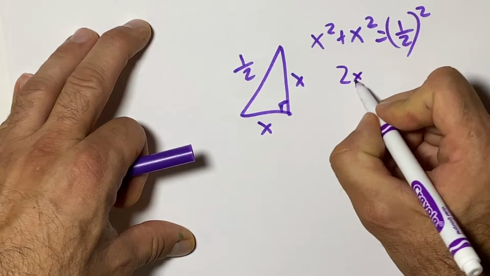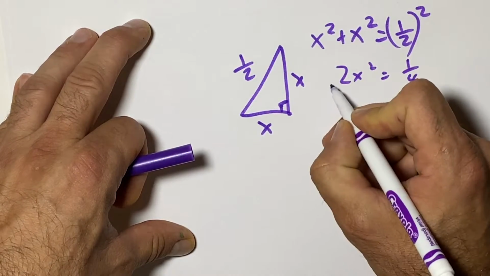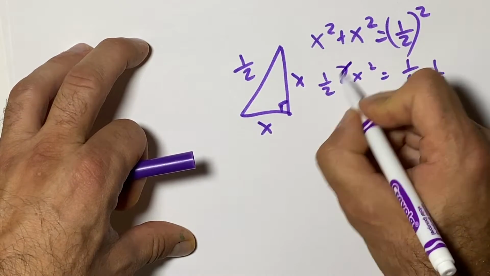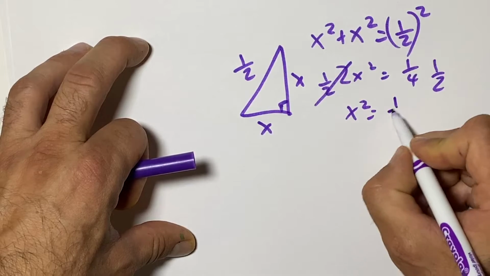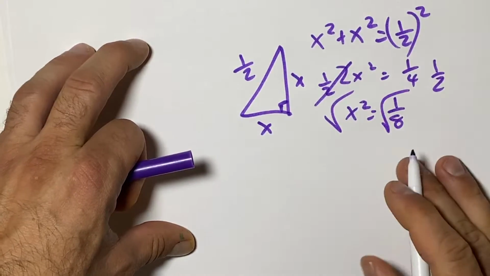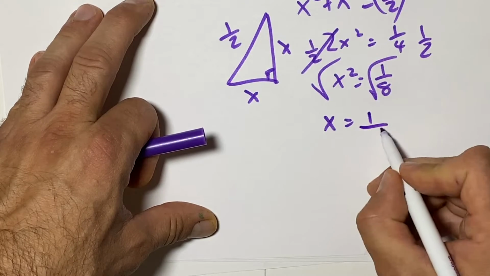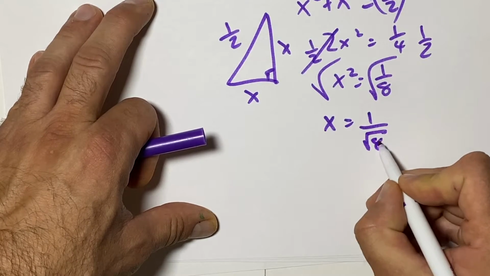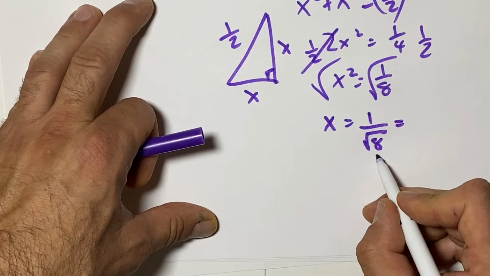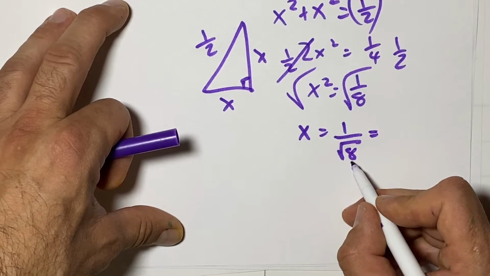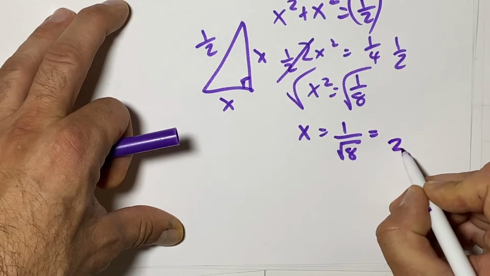And we're going to get 2x squared is 1/4. We'll multiply both sides by half, and we'll square root both sides. Square root of 1 on top is 1, and then square root of 8. I'm not going to get into a lesson of reducing square roots, but this is going to be 2 times radical 2, since radical 4 is the same as 2.